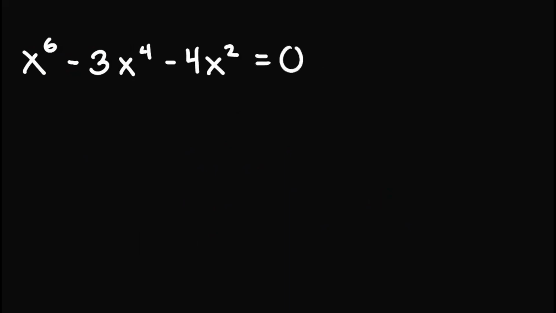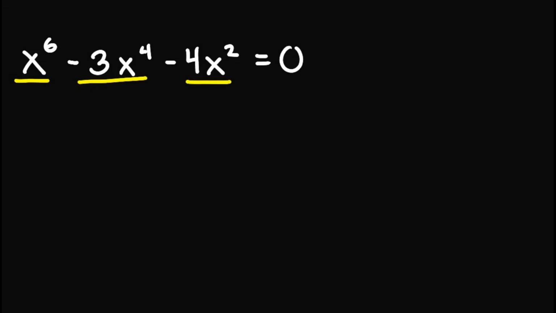Let's first have x raised to 6 minus 3x raised to 4 minus 4x squared equals 0. So in here, first, we observe that each of the terms in this equation has a common factor of x squared.